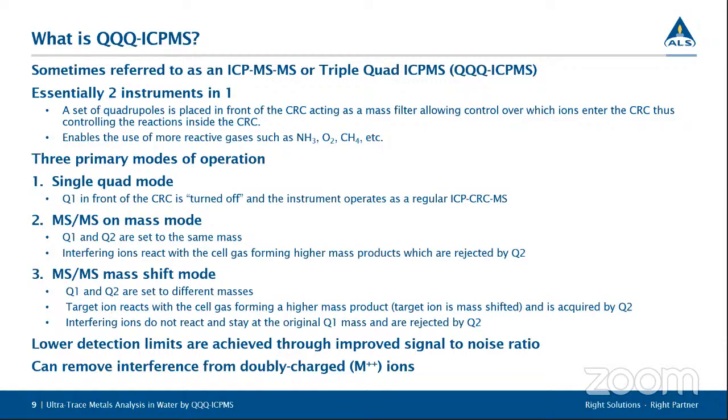Second, when you're looking at schematics of how ions flow through the instrument, you'll often see Q1 in front of the cell and Q2 after the cell, but it never lists Q3. Q3 usually refers to the collision reaction cell, although the cell is more of an ion guide and doesn't really act as a mass filter like the other two quadrupoles. So it depends on how you define the quadrupole.